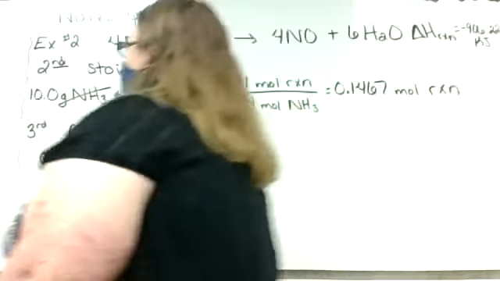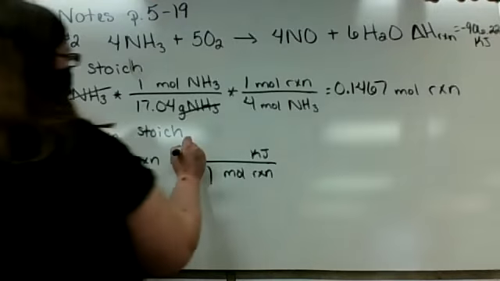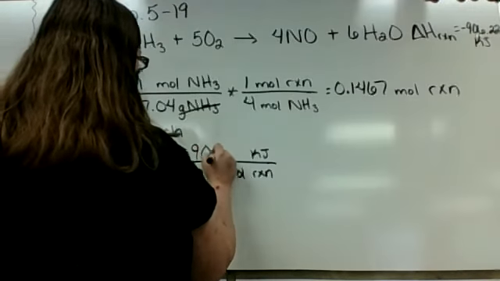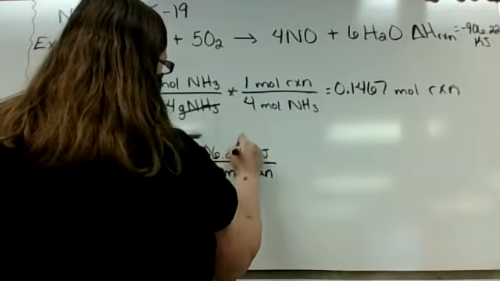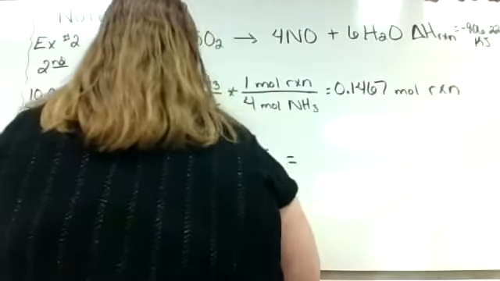I'm going to have you recall that for every mole of reaction, there is negative 906.22 kilojoules. So what goes with kilojoules? A negative 906.22 kilojoules. That's going to cancel out my moles of reaction and give me kilojoules like we want.